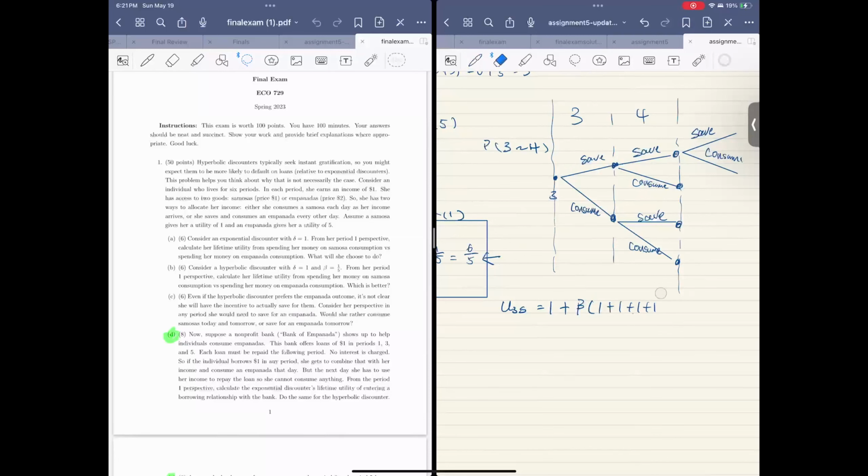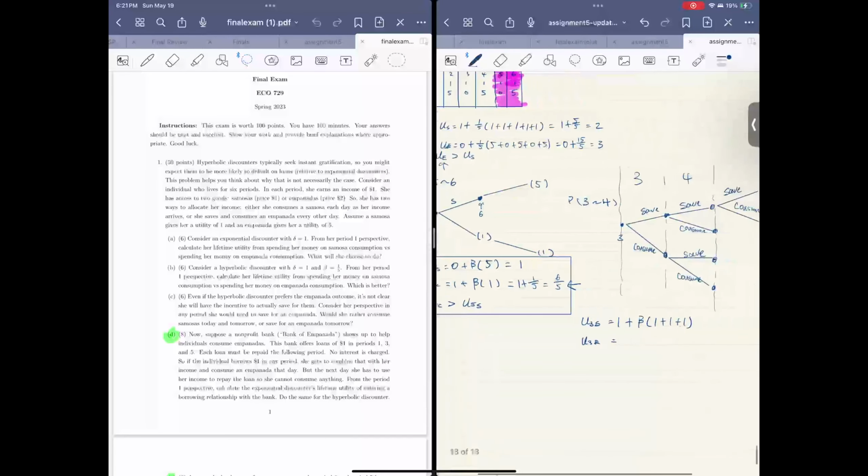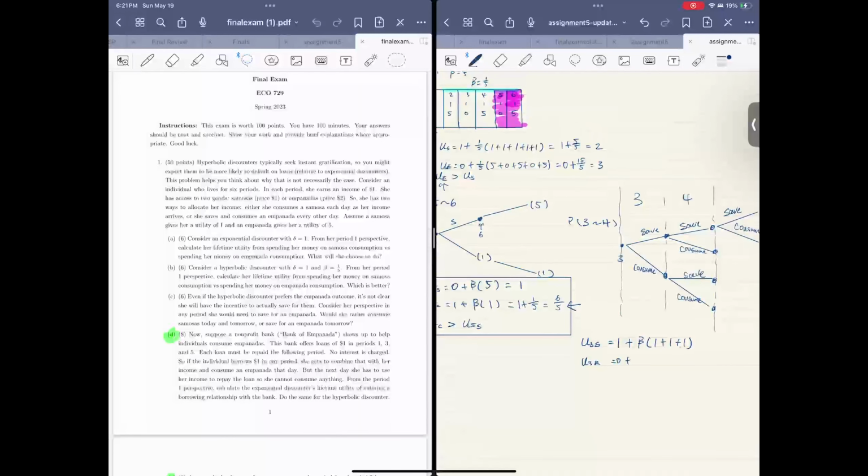Okay, one more 1. And from period 3's perspective, saving for a banana will look like 0 plus beta of what?